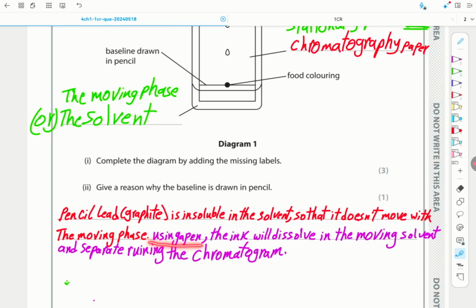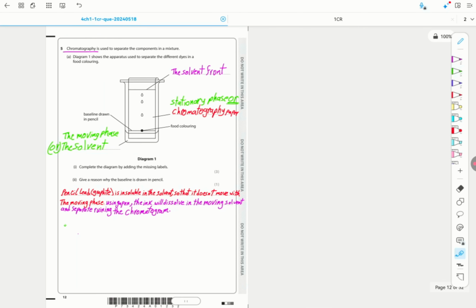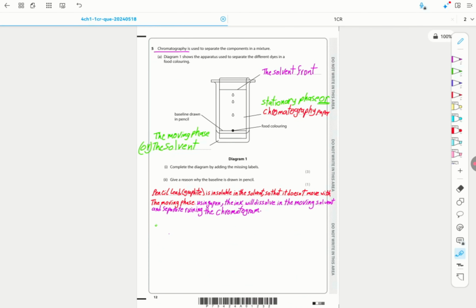Using a pen, the ink will dissolve into the moving solvent and separate, ruining the chromatogram. This is the chromatogram: the chromatography paper and the stains or the spots on it.